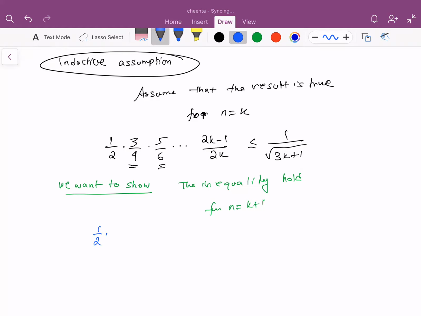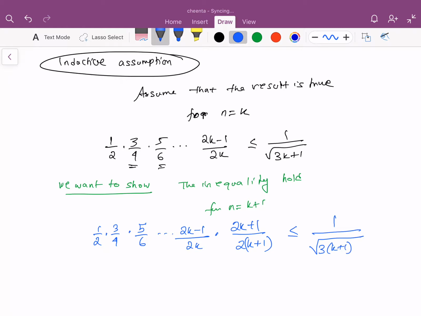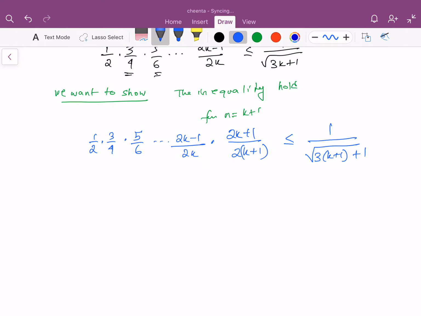We want to show that 1 over 2 times 3 over 4 times 5 over 6 up to 2k minus 1 over 2k times, 2 times k plus 1 numerator is 2k plus 1 over 2 times k plus 1, is less than or equal to 1 over square root of 3 times k plus 1 plus 1. So how do we go about doing this?